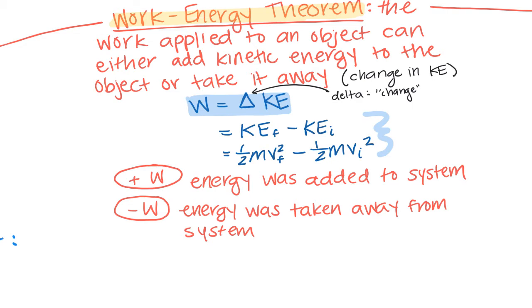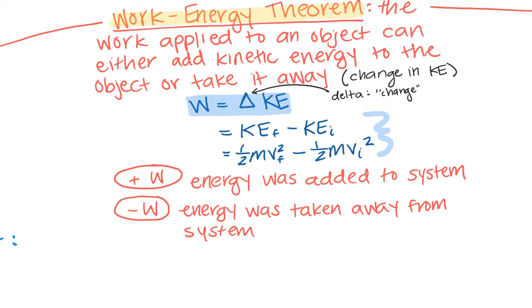So if you are working through a problem and you see that the amount of work applied to an object is positive, then you know that energy was added to the system, right? We know that from our subtraction, right? If this final kinetic energy is going to be greater than this initial kinetic energy, that's going to give us a positive work.